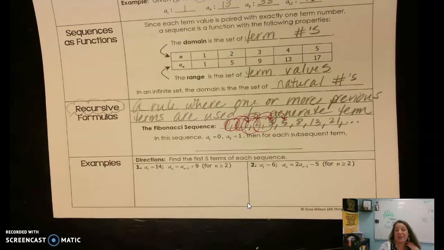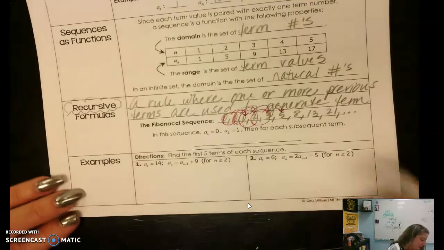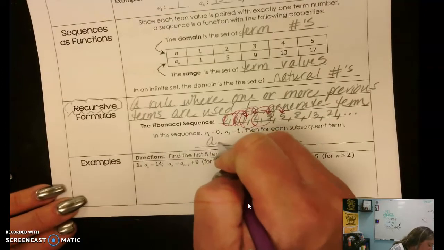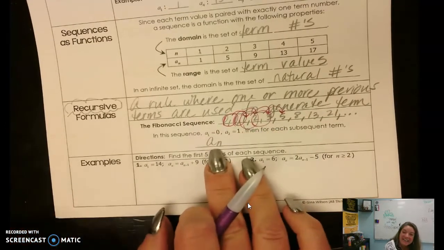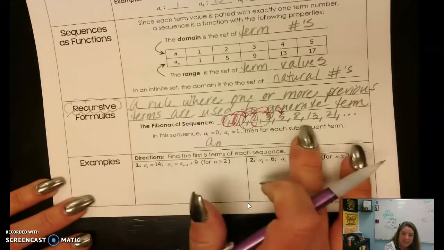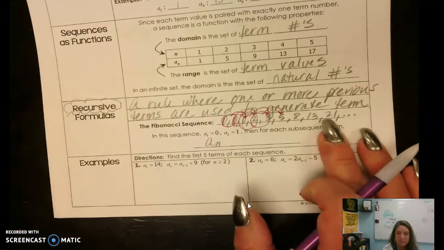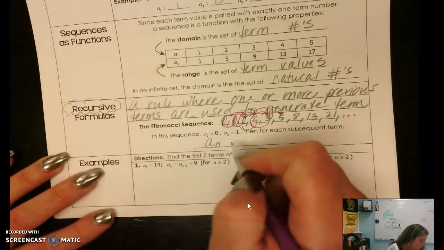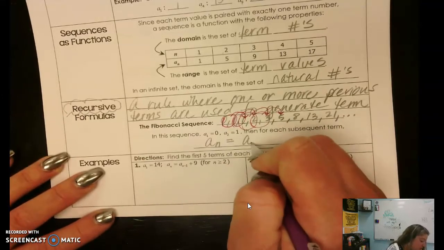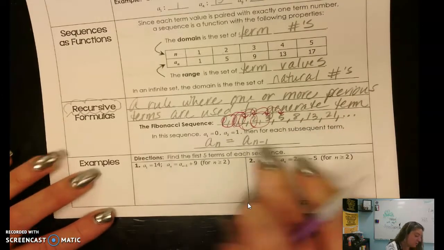Now this is what the formula looks like, and this is the part that could potentially be a little on the crazy side. But let me show you. a sub n, any given term in here, like pretend we're talking about 21. You take the term before it.